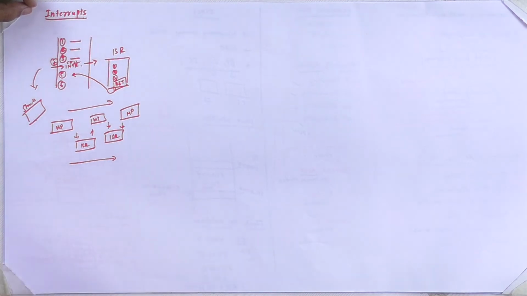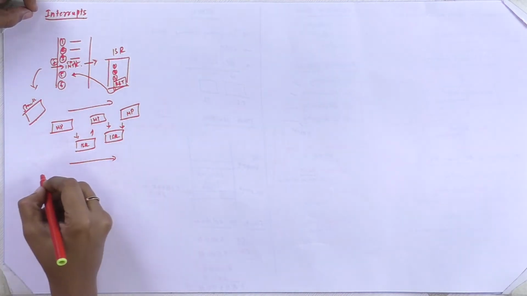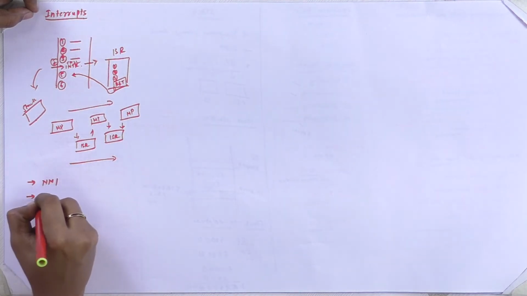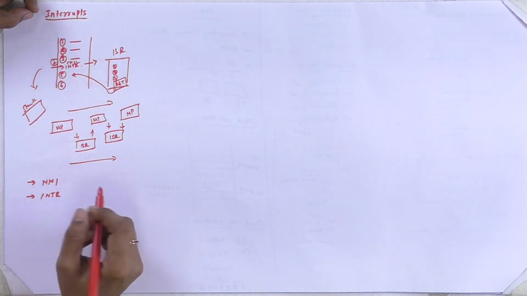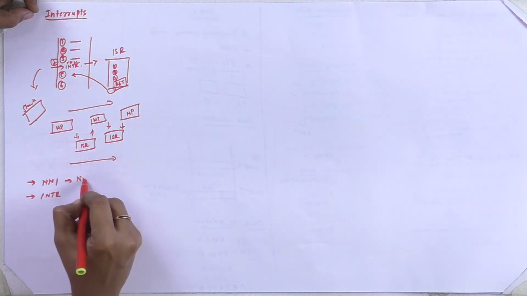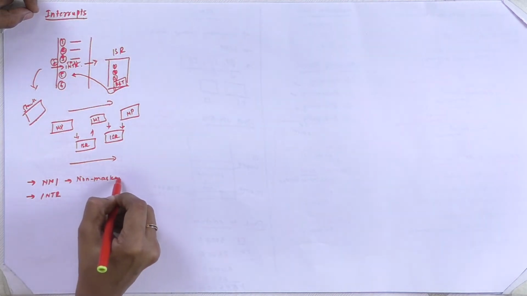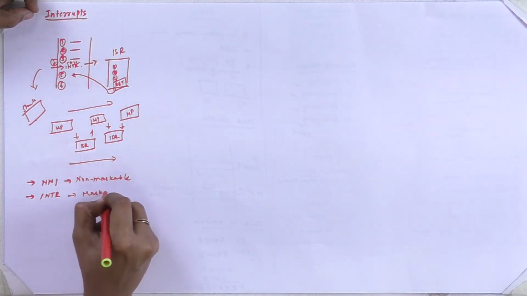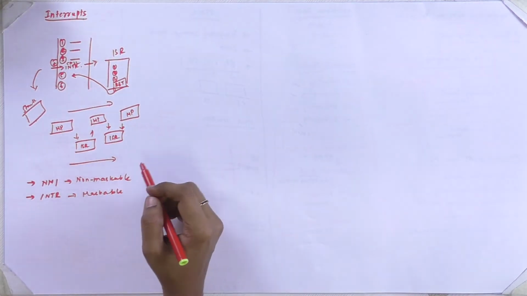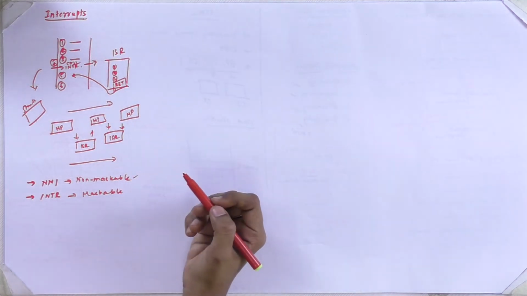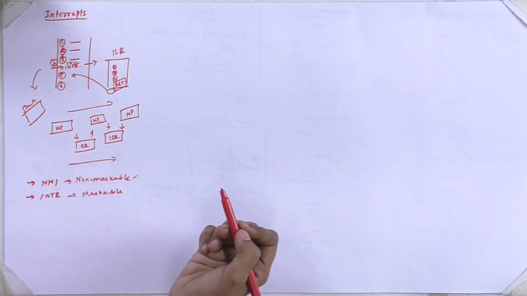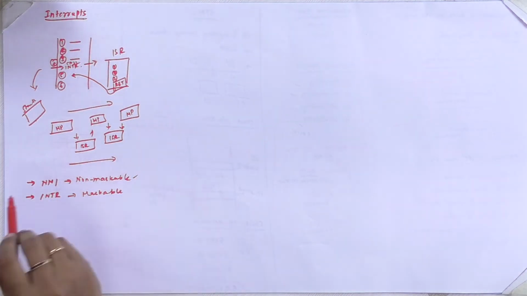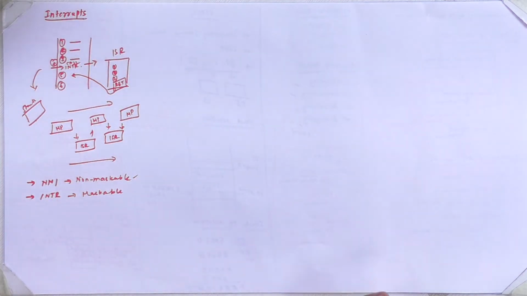In the 8086 microprocessor, the two pins responsible for handling interrupt requests are the NMI pin and the INTR pin. This is the non-maskable interrupt pin and this is the maskable interrupt pin. We know the difference: non-maskable interrupt means whenever an interrupt request is given via the NMI pin, the interrupt cannot be delayed or rejected for any reason.